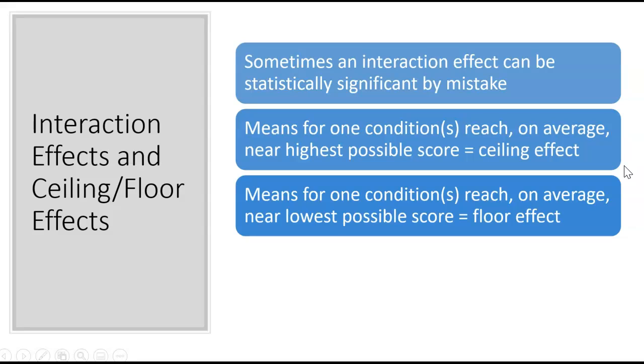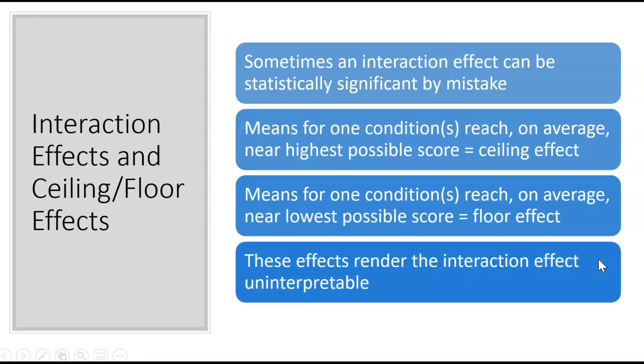Well, they're all young. Chances are pretty good they're going to have super healthy values. That would be a ceiling effect. So that would artificially produce an interaction effect that can't be interpreted as a true interaction.